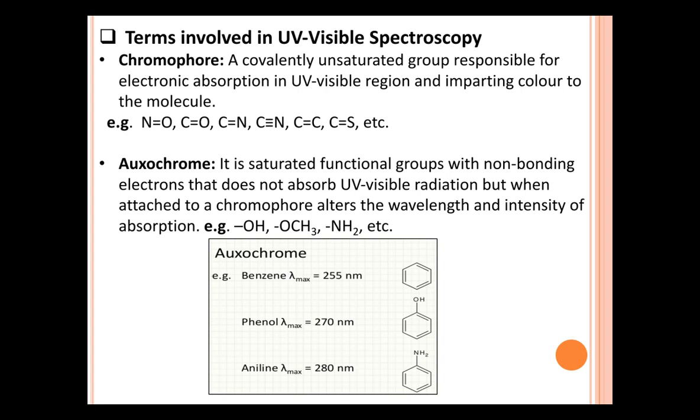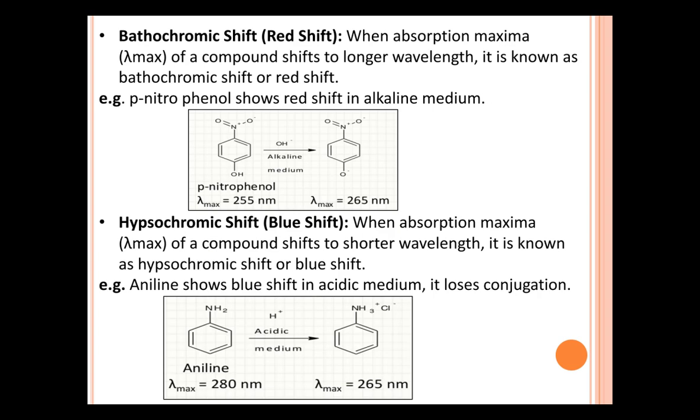So bathochromic shift can occur when we attach an auxochrome to a chromophore, or it can take place when we change the solvent in which the molecule is present. For example, paranitrophenol shows red shift in alkaline medium. When we take paranitrophenol in alkaline medium, the alkali abstracts the hydrogen atom of OH group.